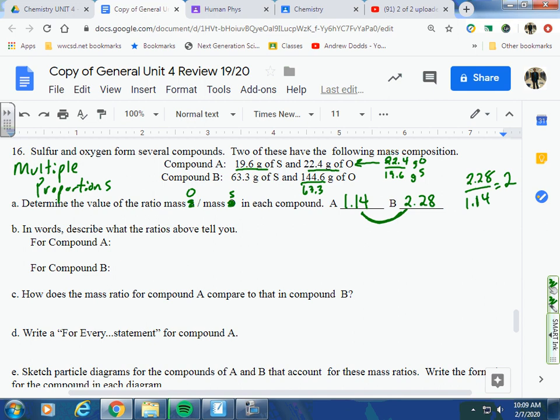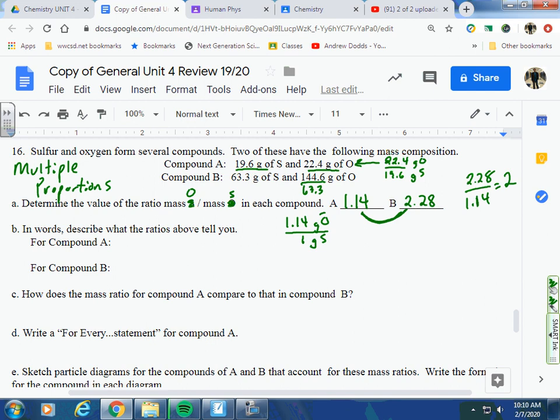B says, what do those above ratios tell you? Well, like I said, for A, this means 1.14 grams of oxygen per 1 gram of sulfur. Because if you've just got a number, then the denominator is just 1. That's all. So 1.14 is the same thing as 1.14 over 1.